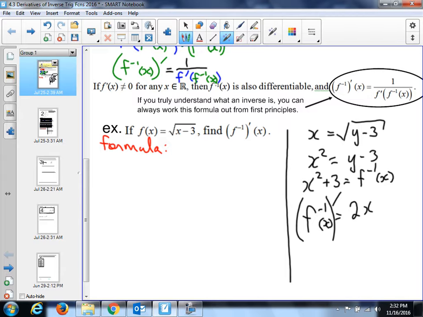So, to do this formula way, we've already got the answer, it should be 2x, but according to this formula, you need to find what the derivative is when you put the inverse inside the function, right? You follow that? That notation, like I said, is not easy this way.